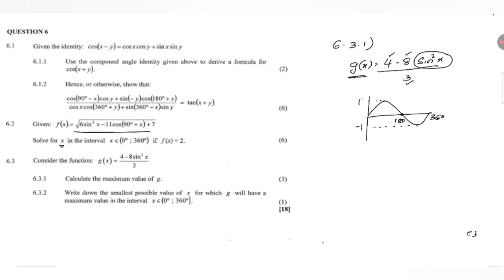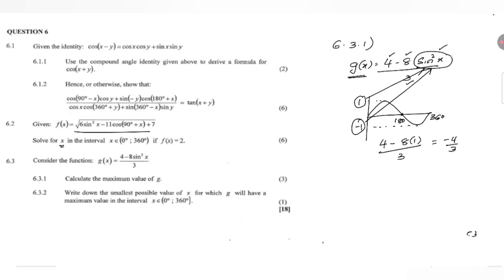But the problem is, if you substitute 1 here in the place of sine or minus 1 in the place of sine, what will happen? We are squaring. Squaring means 1 square and minus 1 square both will give you 1, isn't it? When you substitute 1 here, you are going to get 4 minus 8 times 1 divided by 3, which is minus 4 over 3.